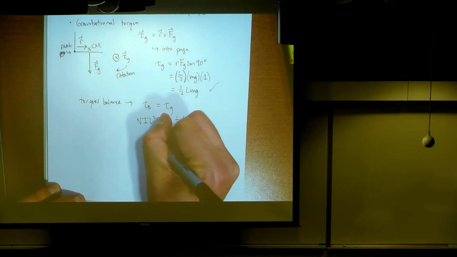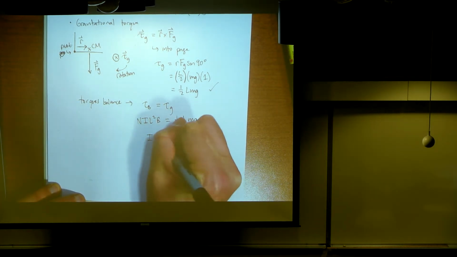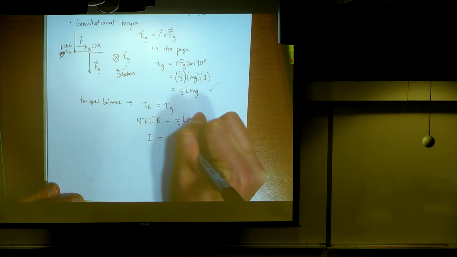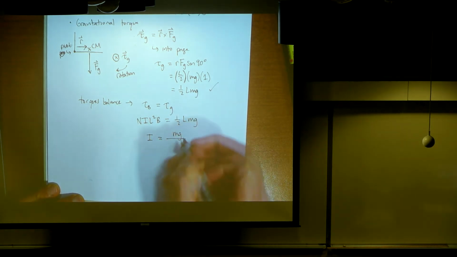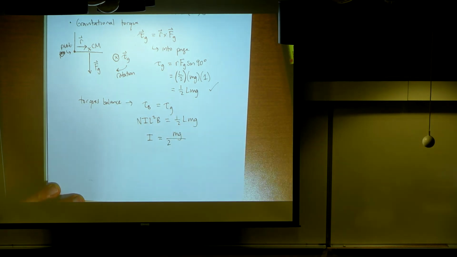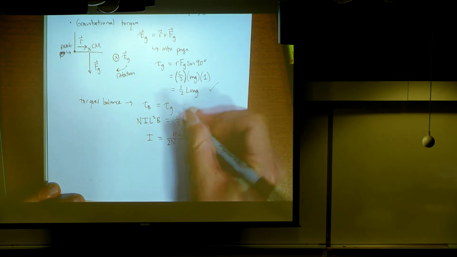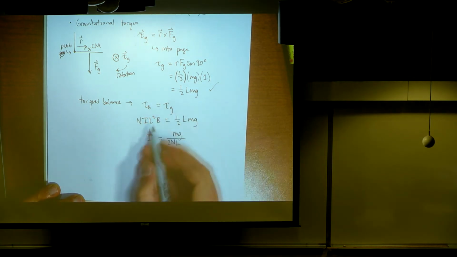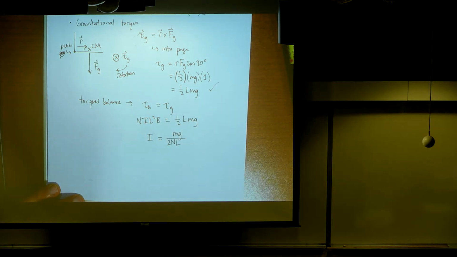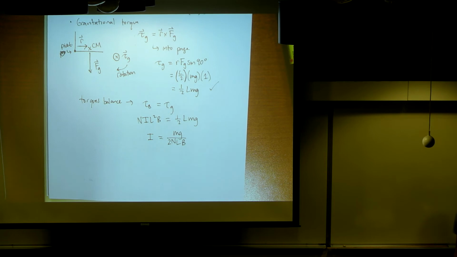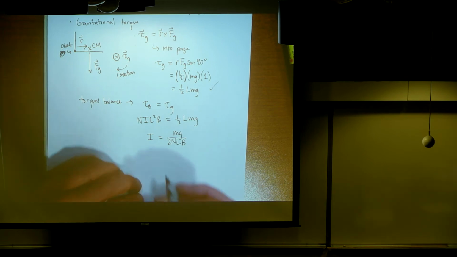So let's solve for I. If we solve for I, we get m times g on top, a factor of 2 on the bottom, and then a factor of n and a factor of L on the bottom. The L squared, one of those is going to cancel with the L here. And then we'll have B. We agree?